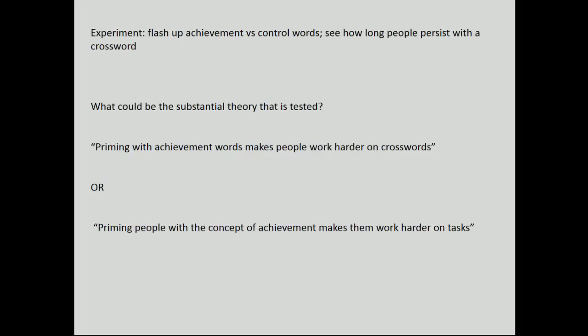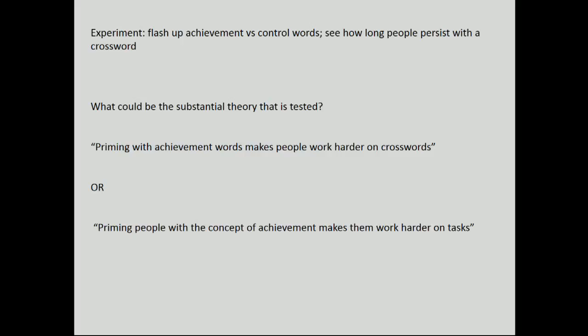So what could have been the substantial theory that's being tested here? Which would you like to take as a substantial theory? Could be priming with achievement words makes people work harder on crosswords. Or priming people with the concept of achievement makes them work harder on tasks.